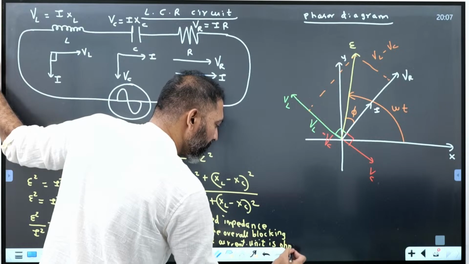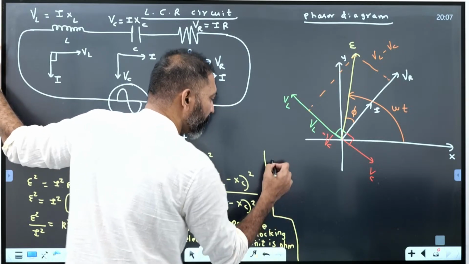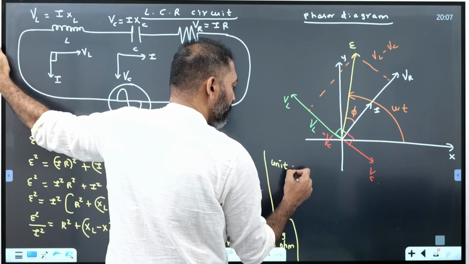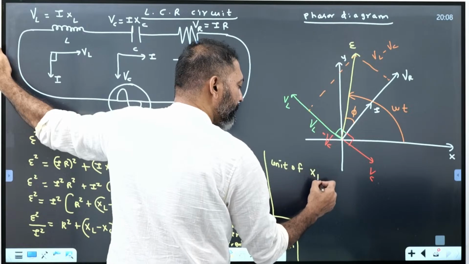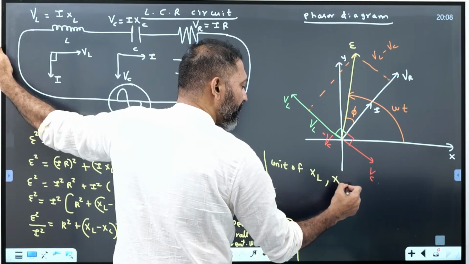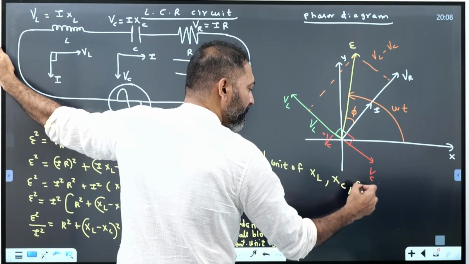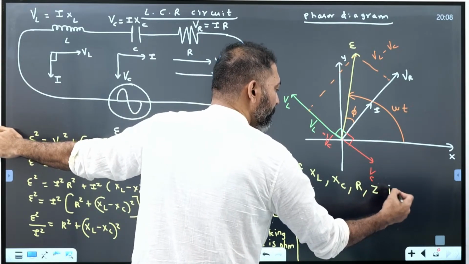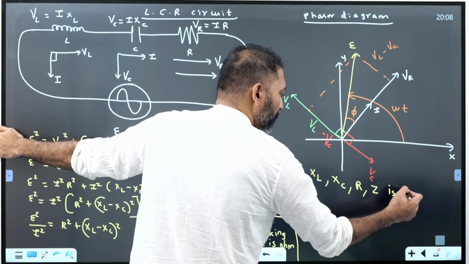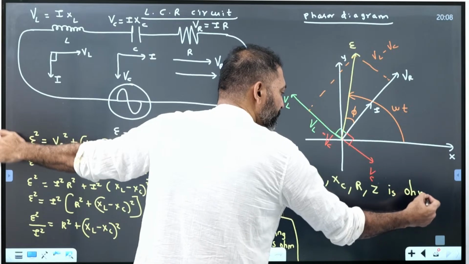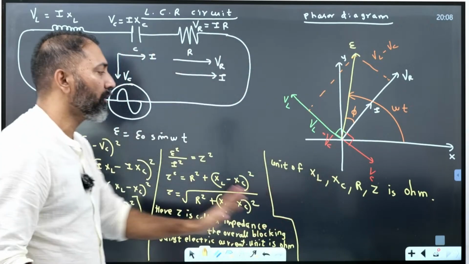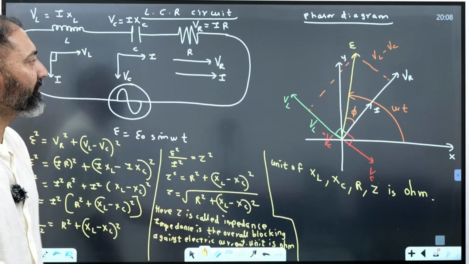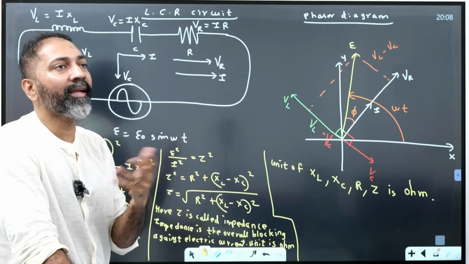So do remember, the unit of inductive reactance XL, capacitive reactance XC, resistance R, and impedance Z is ohm. All of these physical quantities have the same unit, ohm. So what is impedance? Overall blocking against electric current.